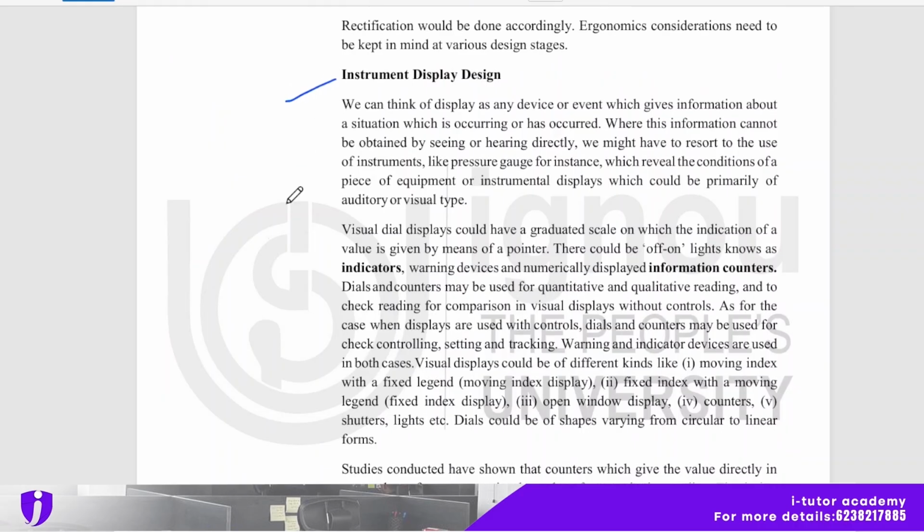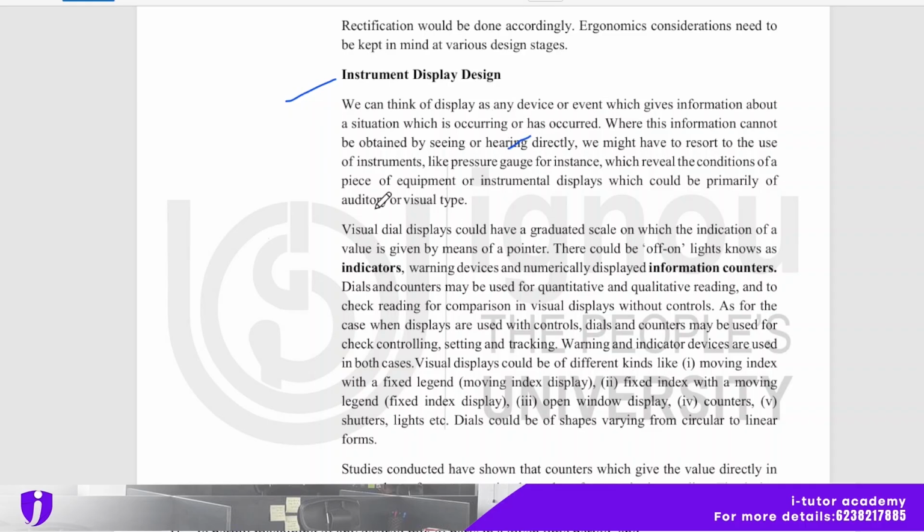Next is instrument display design. And we can think of display as any device or an event which gives information about a situation which is occurring or has occurred, and where this information cannot be obtained by seeing or hearing directly.